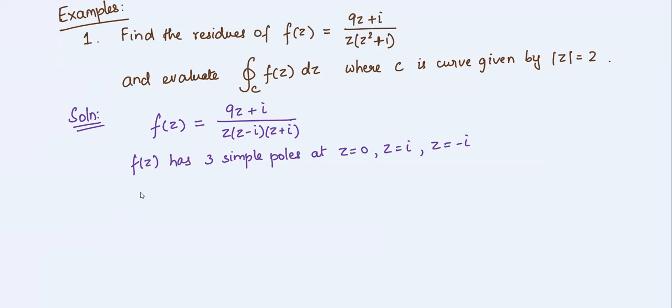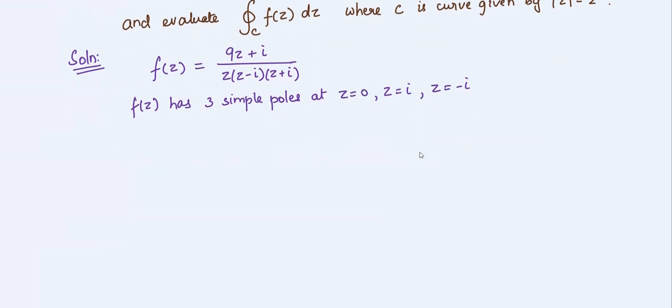So how to find them? Now, no need to do a Laurent series expansion for this, actually. We can split into partial fractions. If you split into partial fractions, we will get the coefficients of 1 by z.